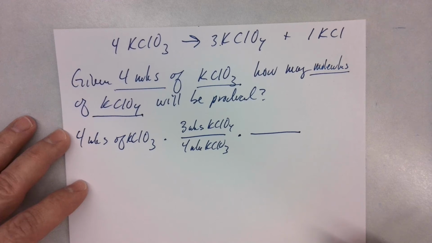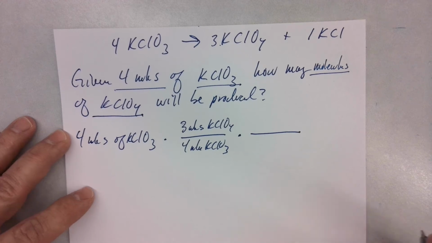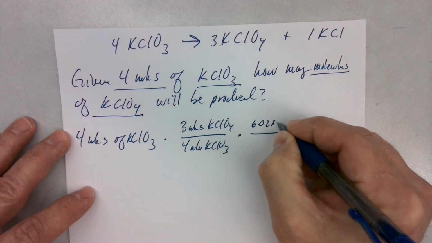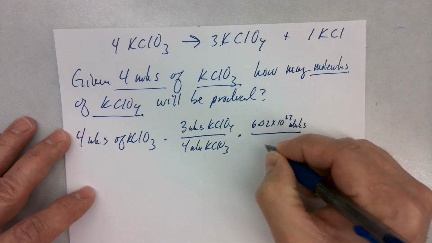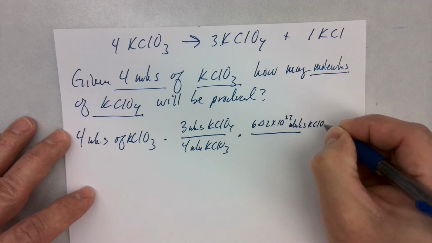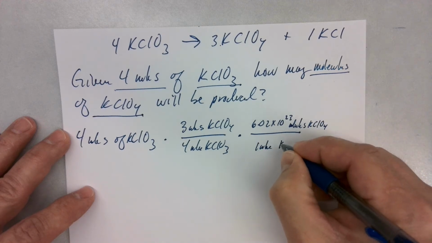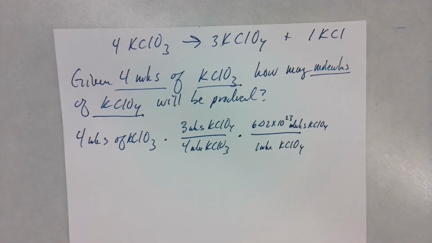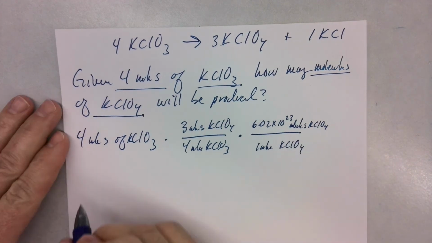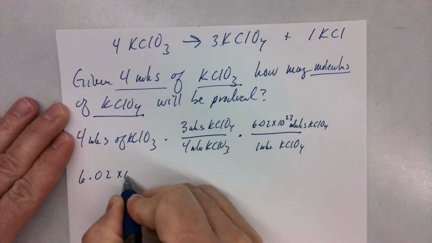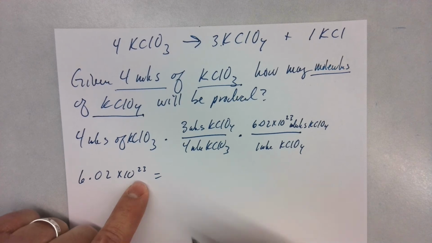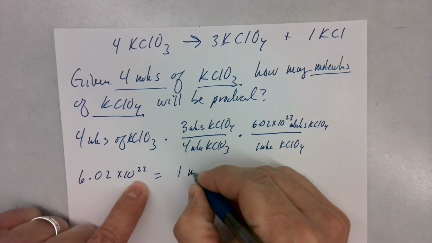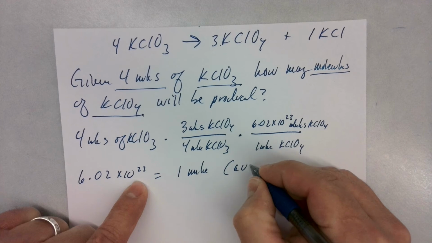It's 6.02 times 10 to the 23rd molecules of KClO4 for every 1 mole of KClO4. Okay, 6.02 times 10 to the 23rd is equal to 1 mole, and this is known as Avogadro's number.